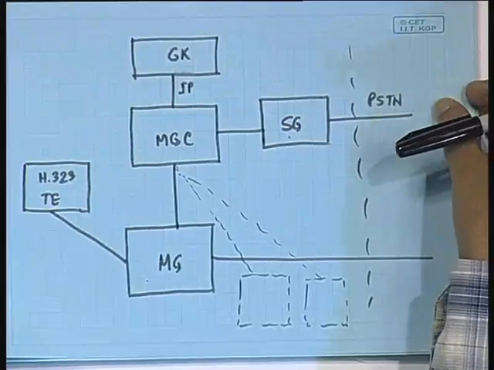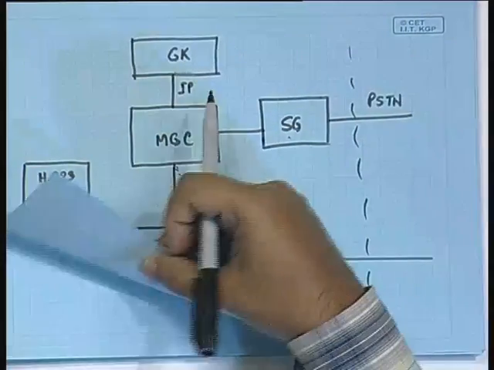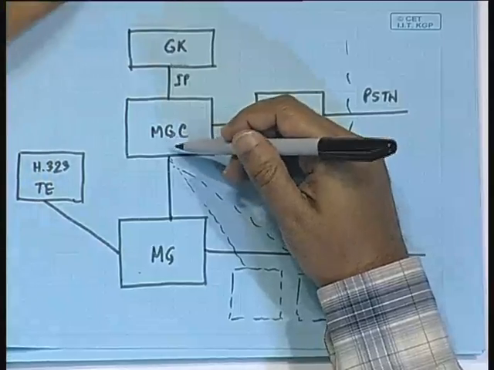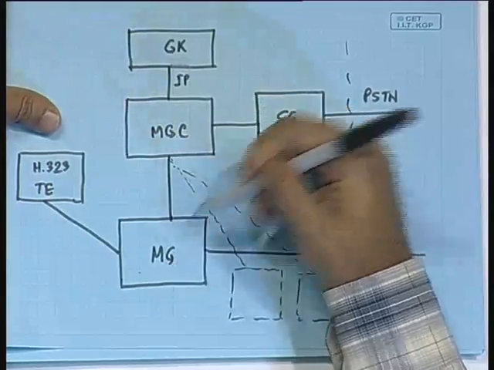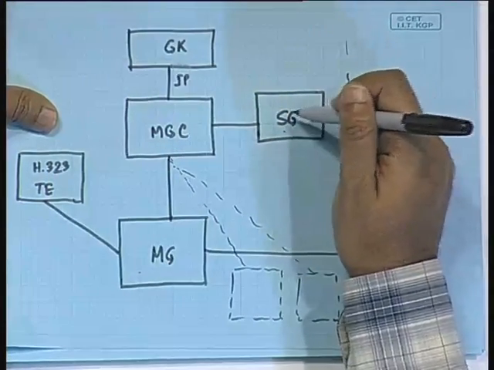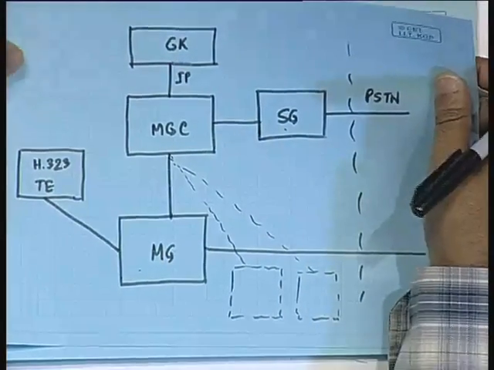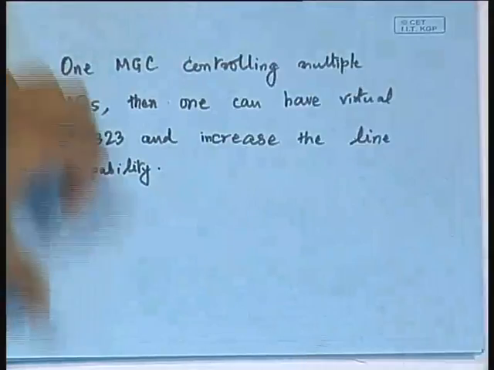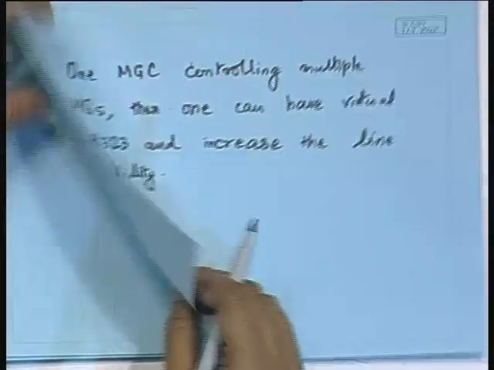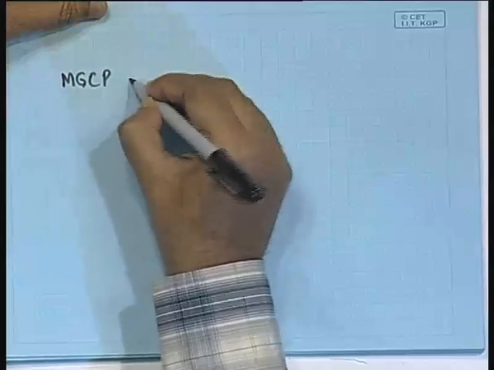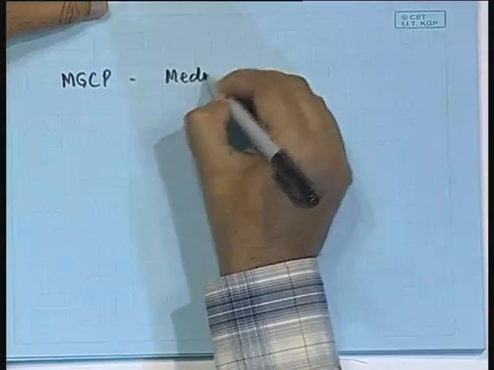But as I was mentioning, this form of an architecture definitely puts in a new developmental process, which is developing a protocol so that this MGC can communicate with the SG and the MGs. And that protocol is referred to as the Media Gateway Control Protocol, MGCP.